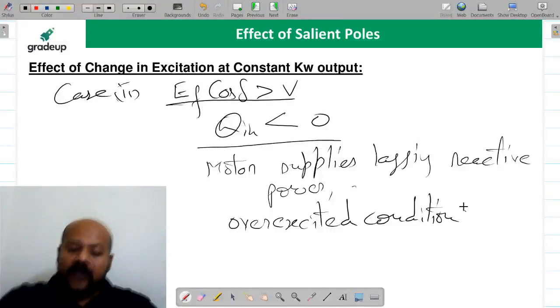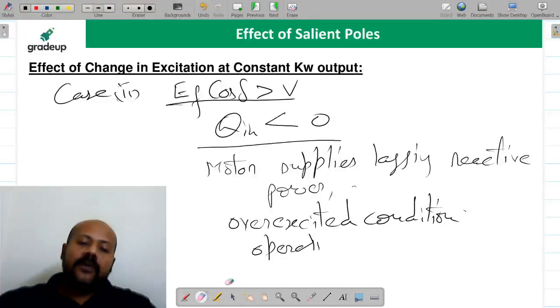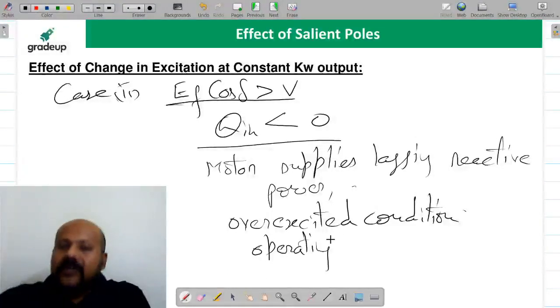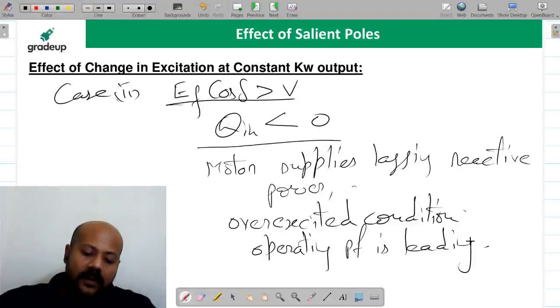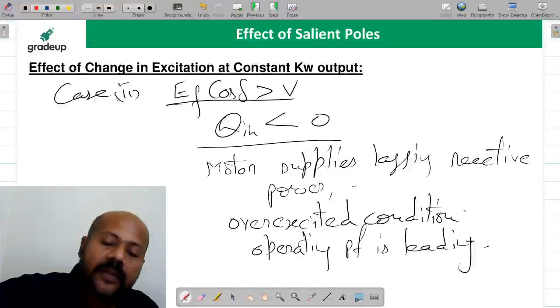I hope it is clear to all of you. Yes or no? And what is the operating power factor? The operating power factor, because we are writing it for the motor, so at the end of the day, the motor is going to take current, yes or no? Operating power factor is leading. Is it clear to all of you? Please tell me yes or no in the comment section.